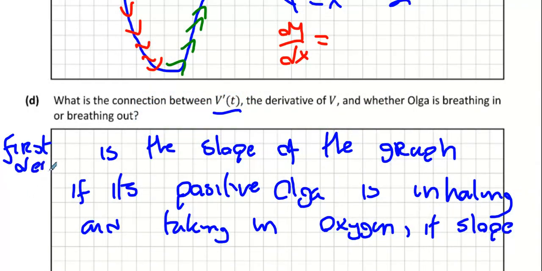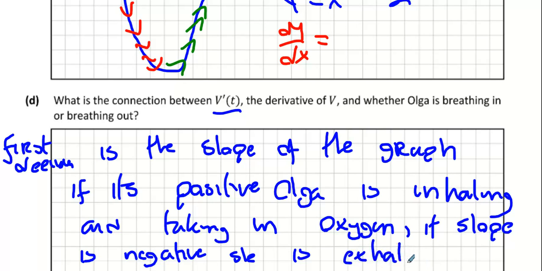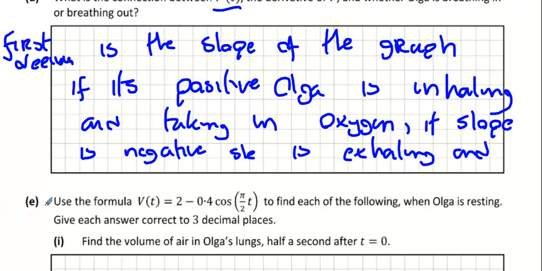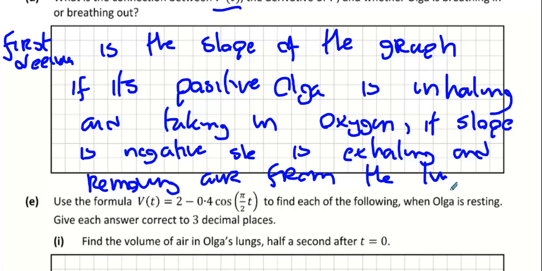Always. First derivative is the slope of the graph. If it's positive, Olga is inhaling and taking in oxygen. If slope is negative, she is exhaling and expelling air and removing air from the lungs. Is that okay with you guys? Okay.